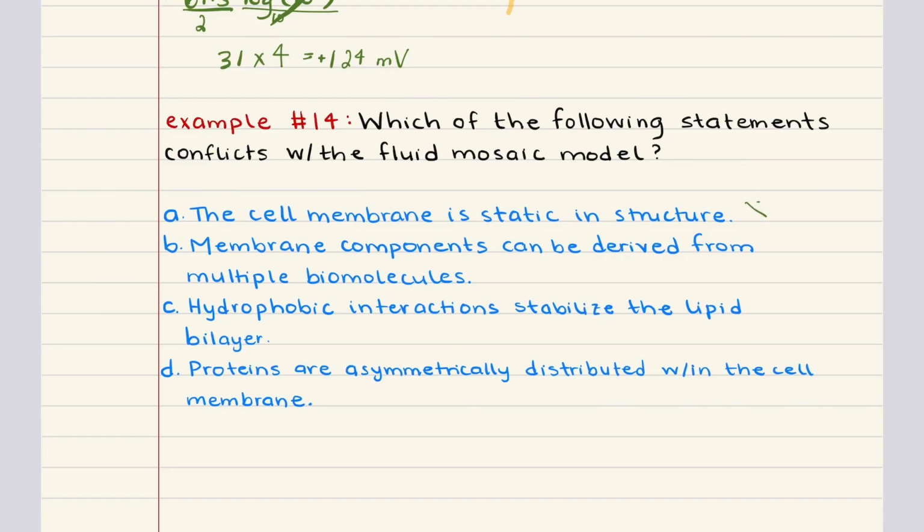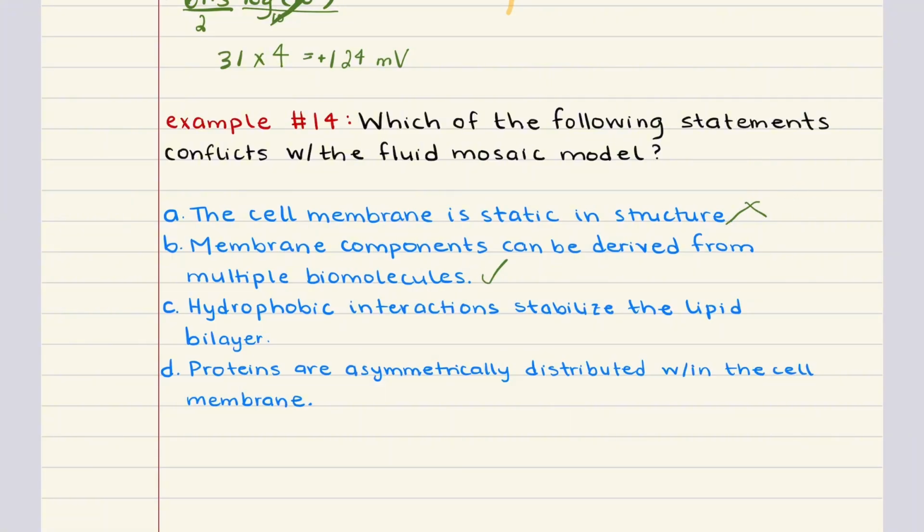So this one is incorrect. B says membrane components can be derived from multiple biomolecules. This statement is true. The membrane contains phospholipids, cholesterol, glycolipids, and proteins, all of which come from different types of biomolecules. So this is consistent with the fluid mosaic model.